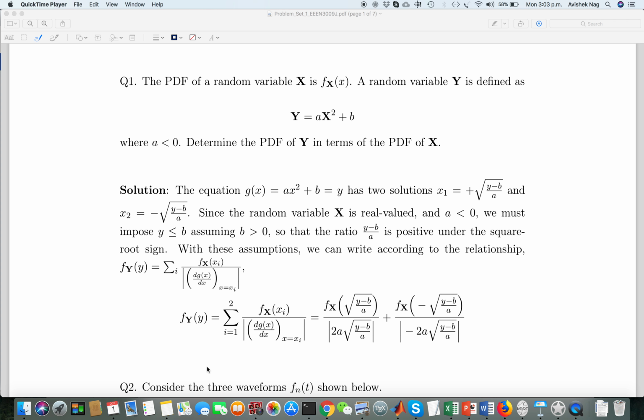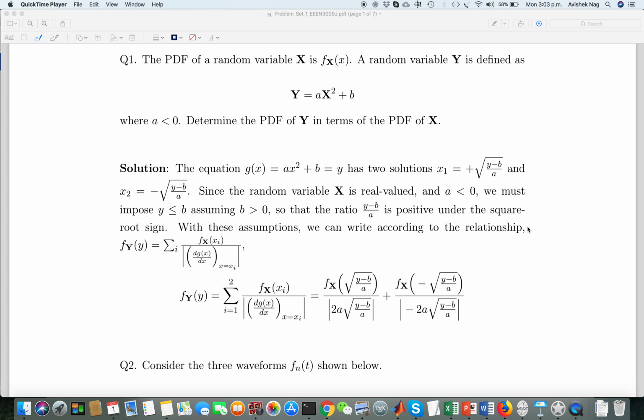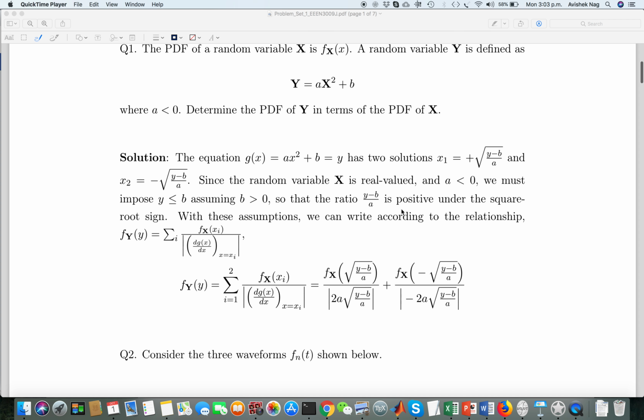All I wanted is for you to have this expression and use this condition, that is a less than 0, and that's it. That would give you full marks on this problem.